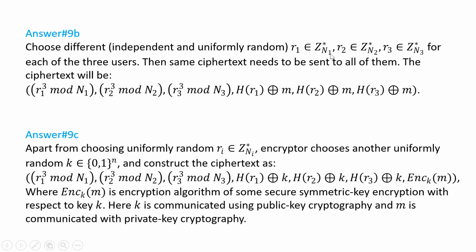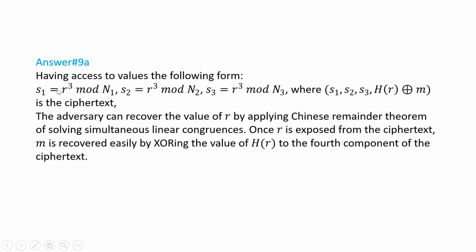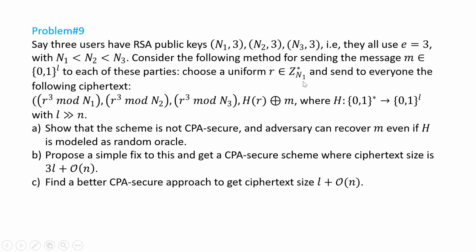In the question, R1 was chosen from Z N1 star, while N1 less than N2 less than N3, so N1 is the smallest value. Any uniform R which belongs to Z N1 star will of course belong to Z N2 star and Z N3 star as well.